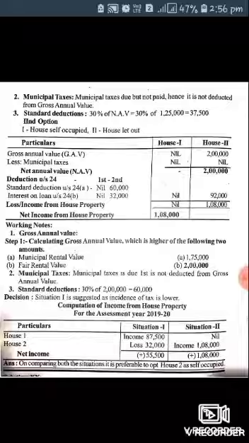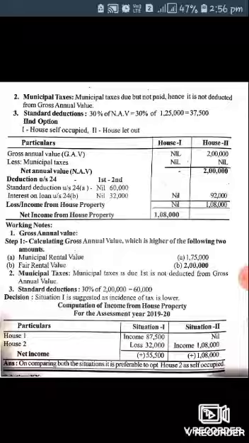So here is the decision. Situation 1 is suggested as the incidence of tax is lower, because the income is lower in the first situation. So computation of income from house property for the assessment year 2019-20. House 1 income is 87,000.